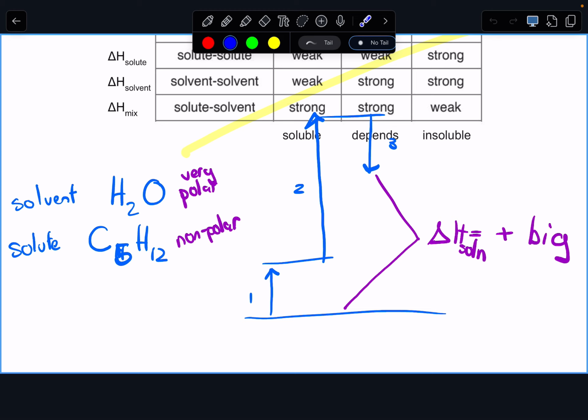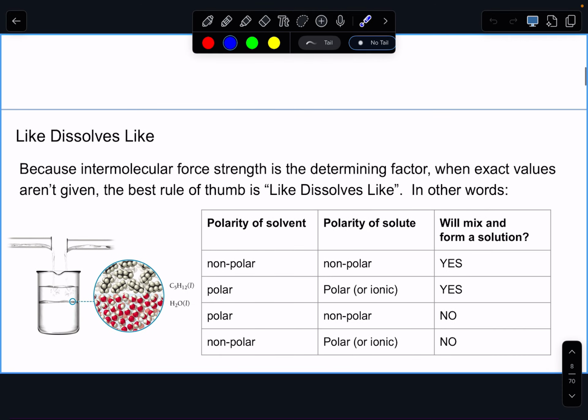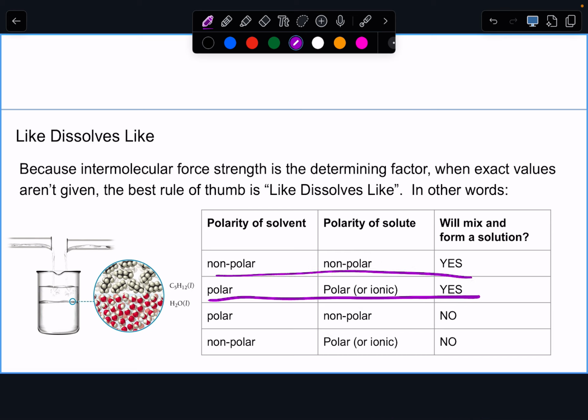When we start looking at actual compounds and asking if they'll dissolve, we're going to use this idea of like dissolves like, meaning polar things will dissolve with polar things. Non-polar things will dissolve with non-polar things. And if they're opposite, then they're not going to dissolve. Okay, that's what like dissolves like means.